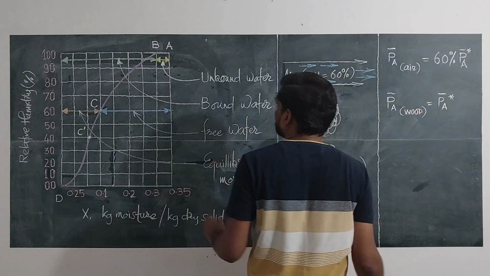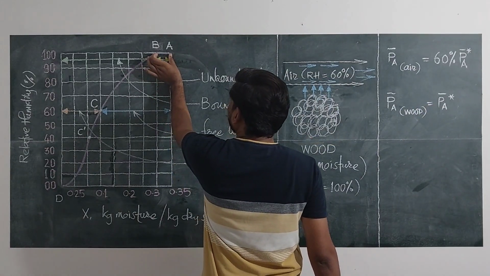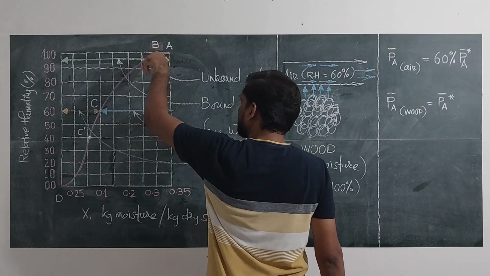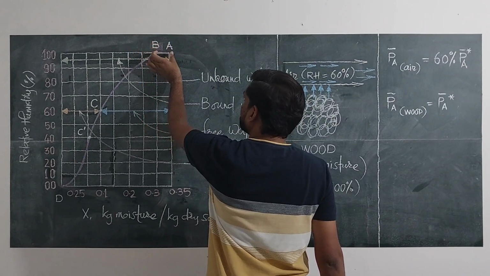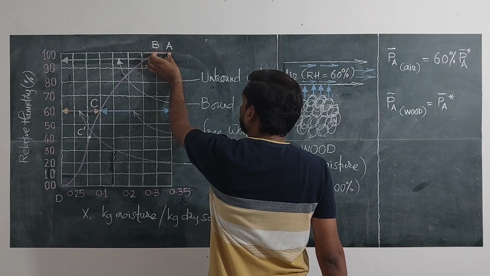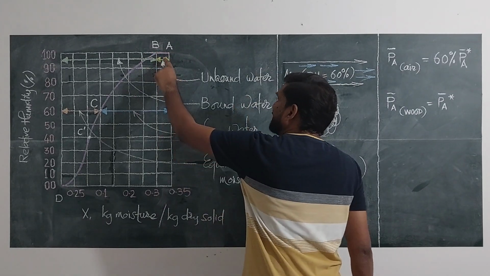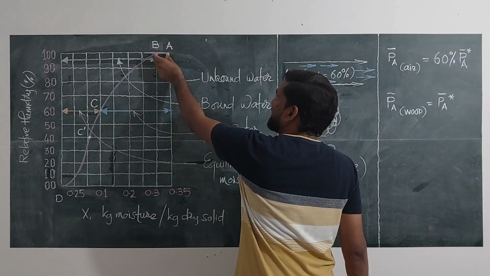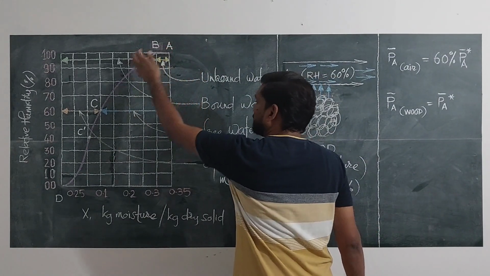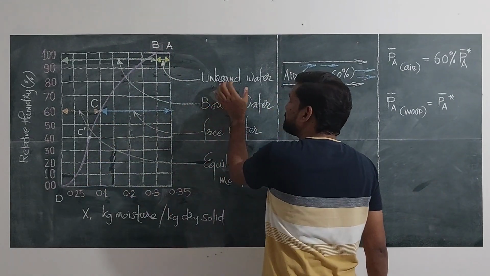This is the condition represented between points A and B. Though there is loss of moisture, the relative humidity remains 100% between points A and B. So the moisture related to the segment AB of the drying curve is known as unbound water.